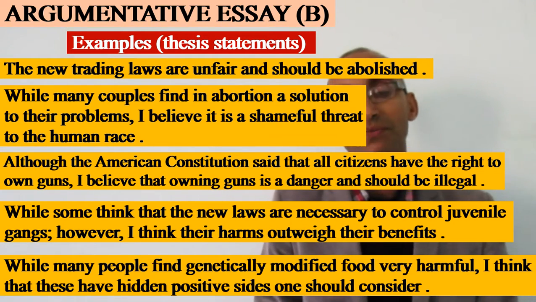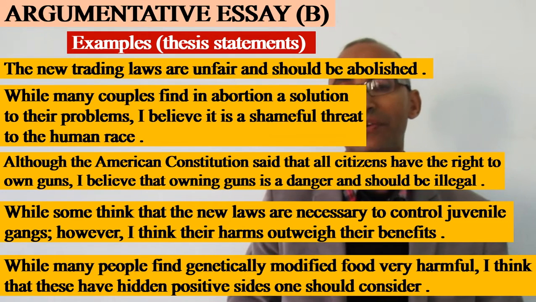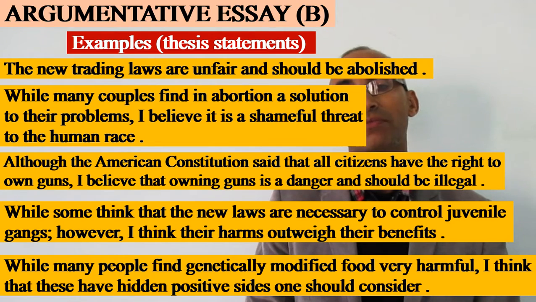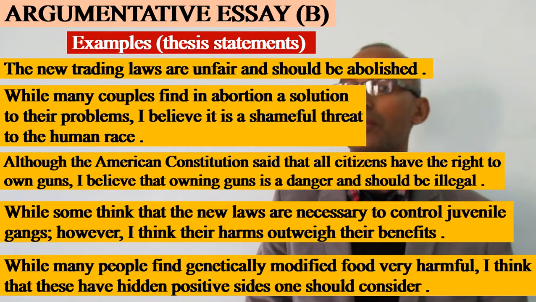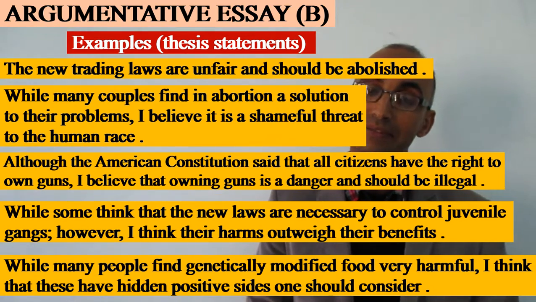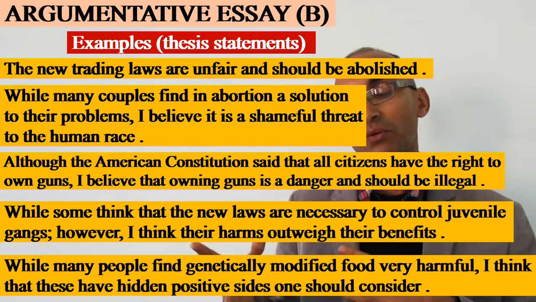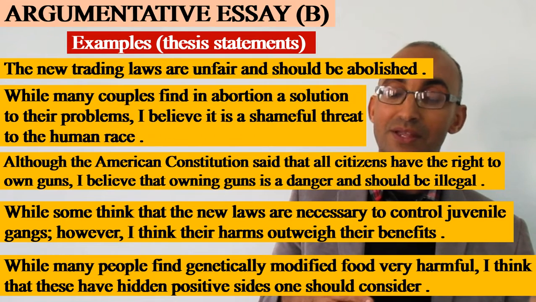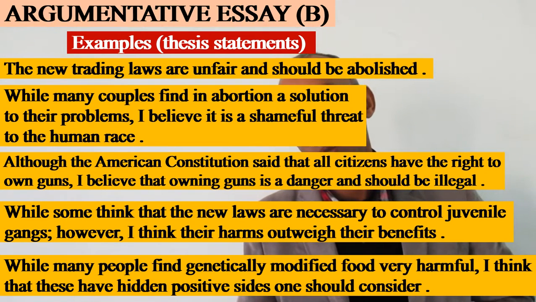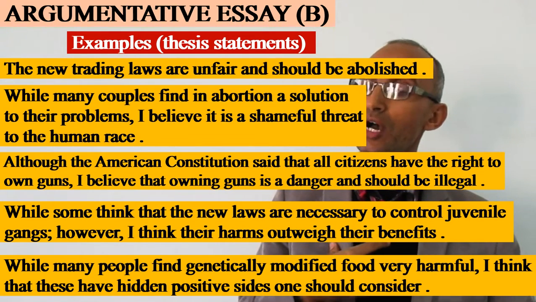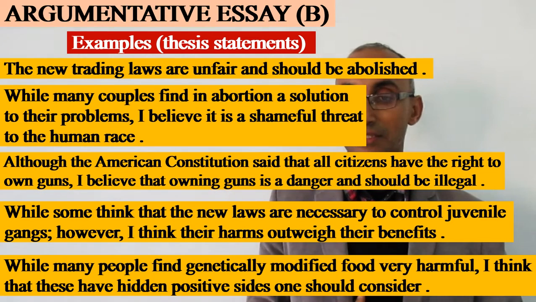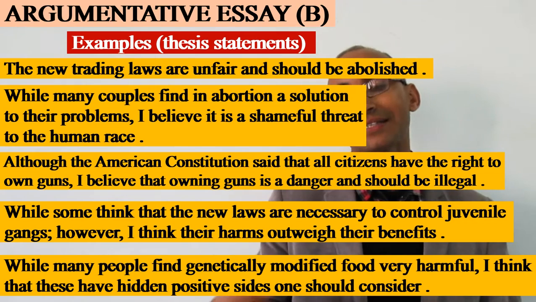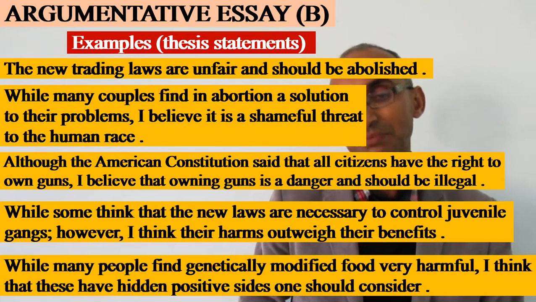Also, while many people find genetically modified foods very harmful, I think that these have hidden positive sides one should consider. Here, I introduced the view of those who are against GMO food. Then I state my opinion, that no, it's the opposite. Clear. I choose the other side to defend and to back up with my arguments in my body paragraphs.